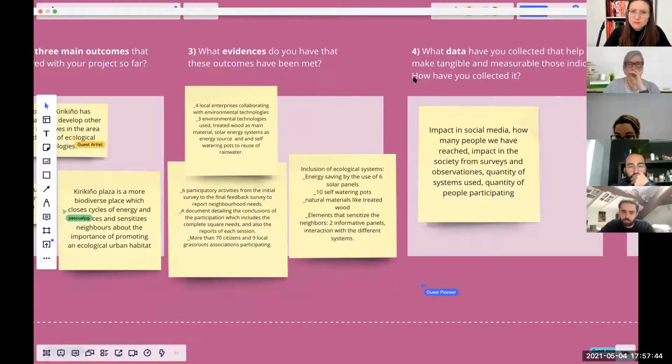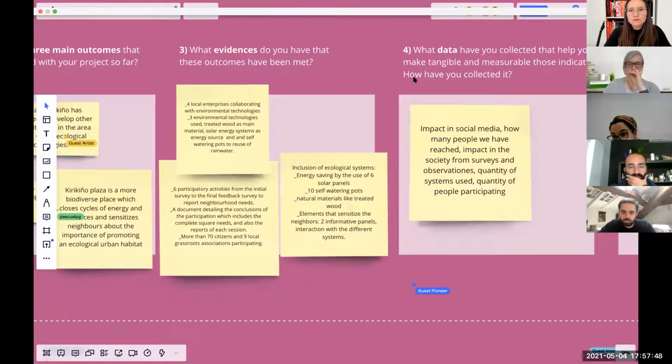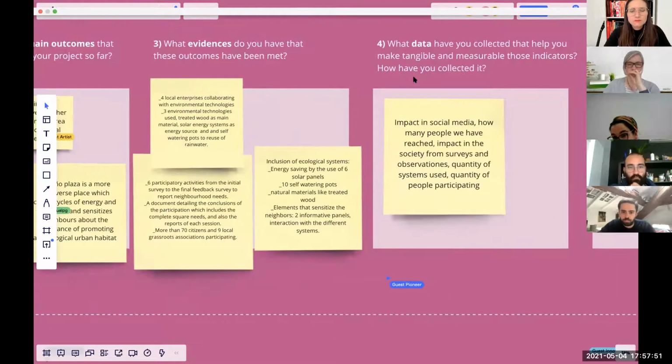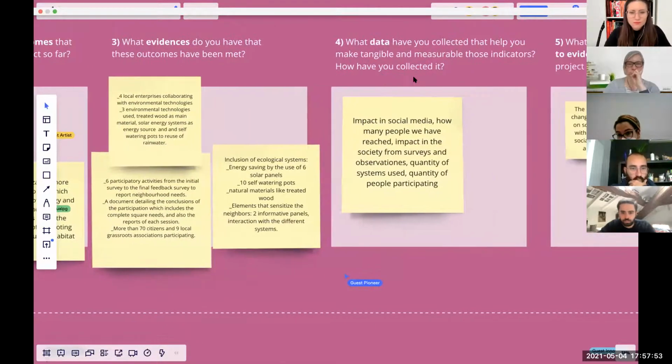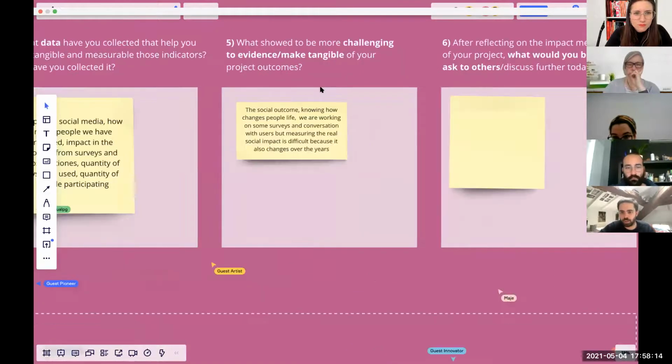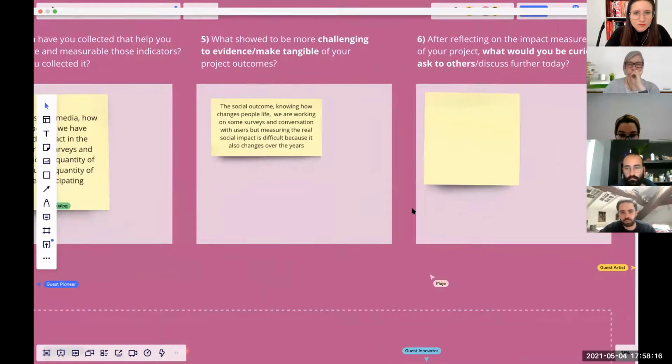Also, the reactions in the social media, and we will see after the construction how it changed the use of the square. That's it. Was there anything particularly challenging, or other questions you would like to discuss further?